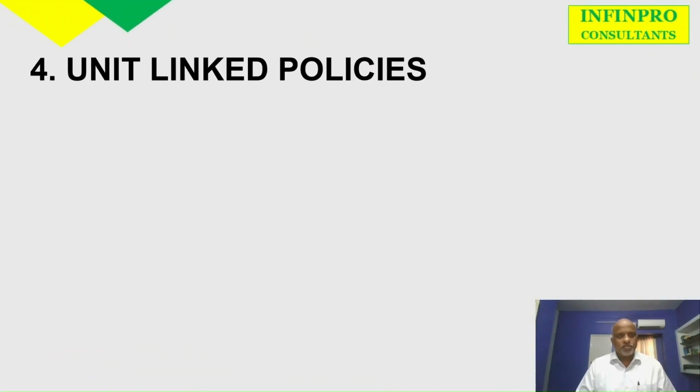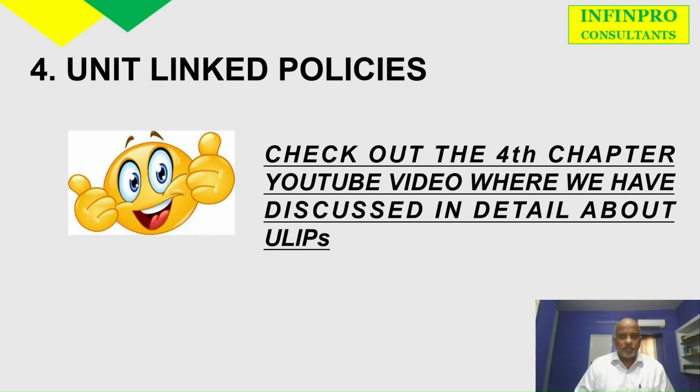We will also understand about unit linked policies, but if you recall, we have read about unit linked policies in detail in chapter 4. If you want to revisit, please do read chapter 4 module which was shared earlier to understand more about unit linked policies.